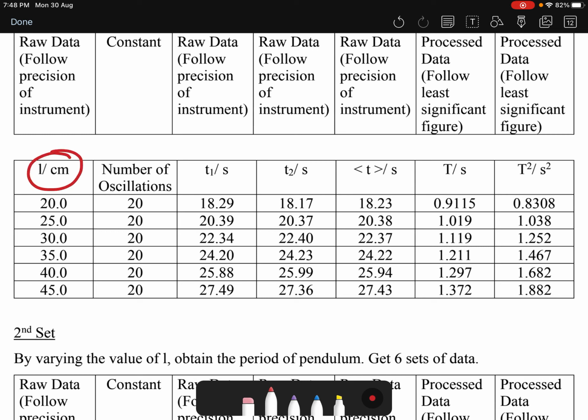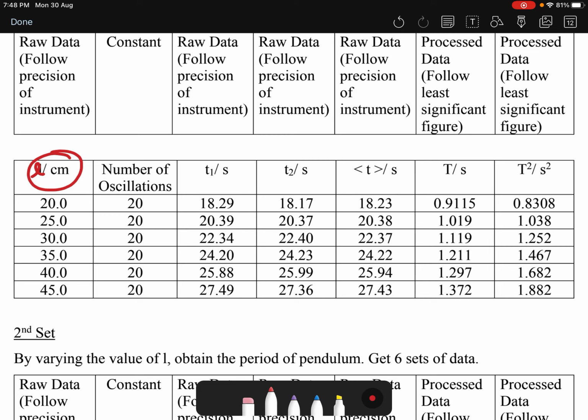Look at the L. You must put the symbol of the length, which is L. To be more specific, I put length, then a slash, then after the slash is the unit of the variable. In this case, it's centimeter. I don't put meter because for practical I try to put according to the instrument units.